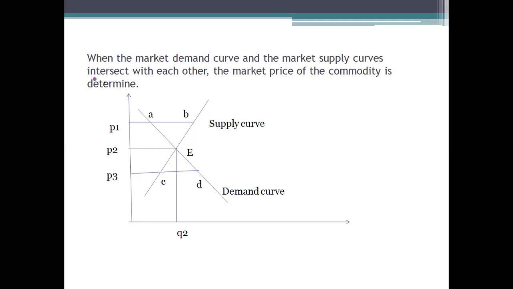Yes, ma'am. Okay. So can you explain what will happen if the price is determined at P3? Demand increases and supply decreases. Yeah. Then? So demand is more than supply. Okay, so if demand is more than supply, then what happens?